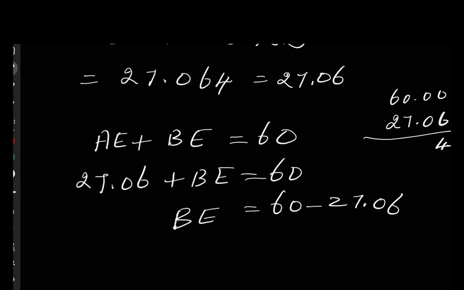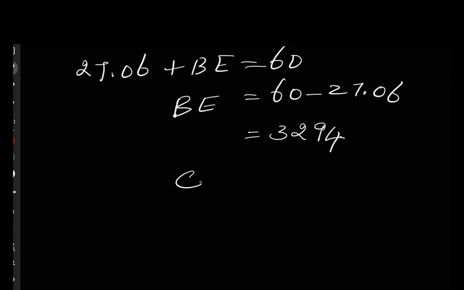So you subtract 60.00, 27.06. So 4 here, 9, then 9 here, 3. Sorry, from 9, 7 goes means 2, then here 3, 32.94. So this BE is same as our CD.